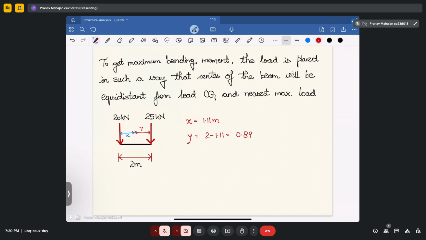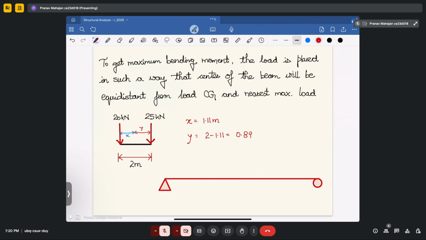And as per the definition, you have to keep the load in such a manner that it will be equidistant from point A. Let me draw and then I will explain, it will be easy to explain.